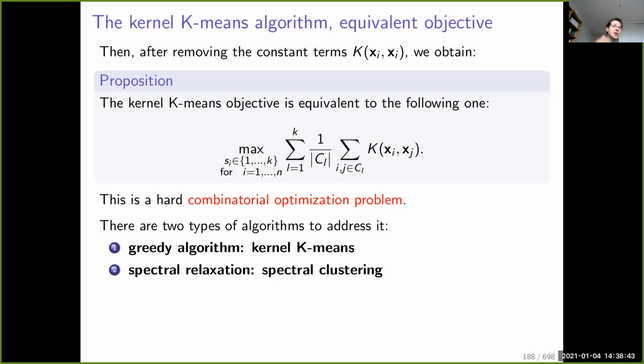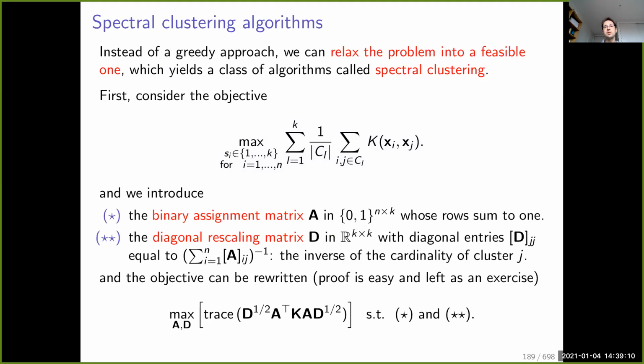Here I like to have a specific objective, and naturally, when you relax this objective into something slightly different, it really gives you the spectral clustering algorithm. So that's why this part is important, because spectral clustering is very popular in the literature. For me, it's a very natural way to do clustering with a nonlinear metric, or also to do clustering with non-Euclidean data.